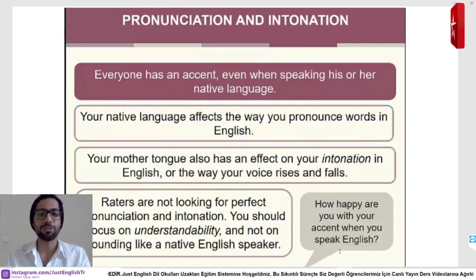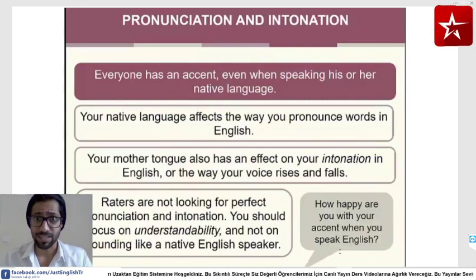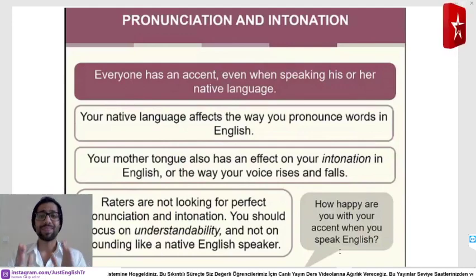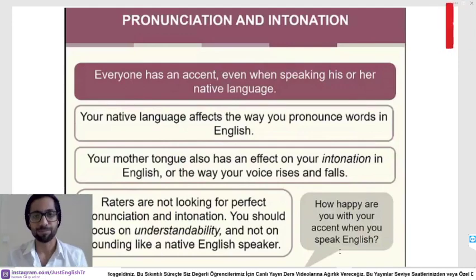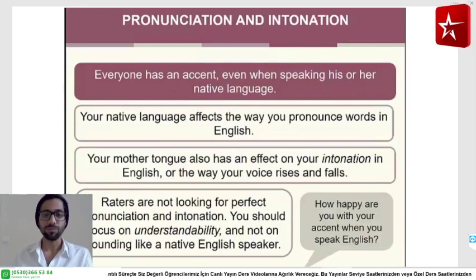Get your pronunciation correct, get your spelling correct, and understand your mistakes. You see, understanding your mistakes, your faulty pronunciation, this is the best way to correct them, by yourself and with your instructor.